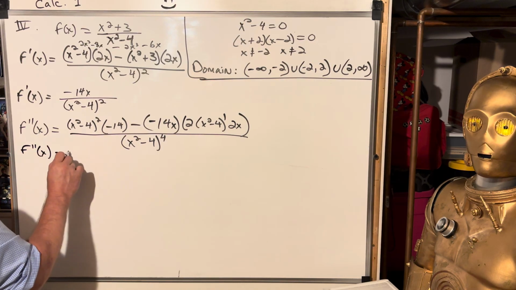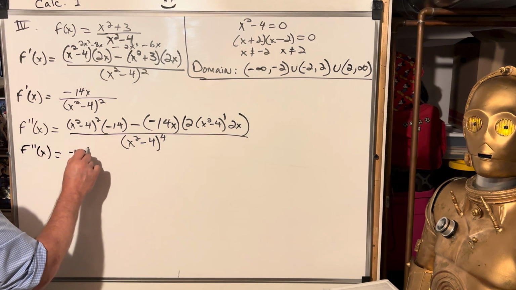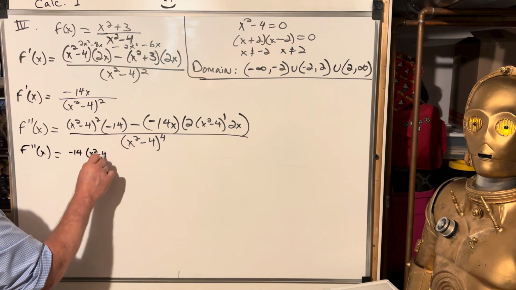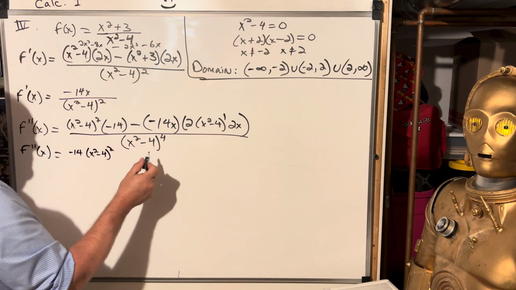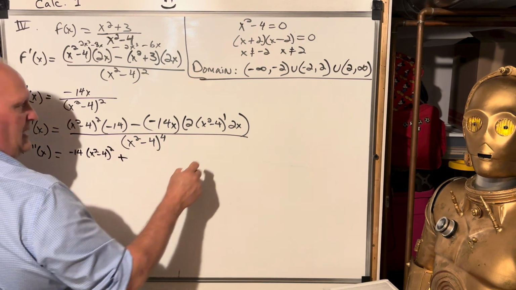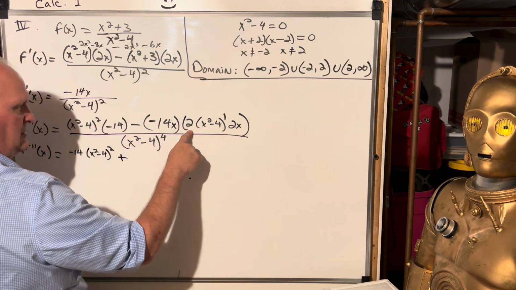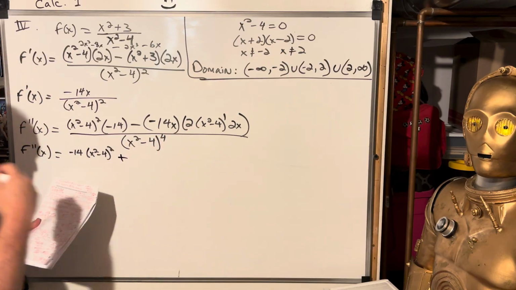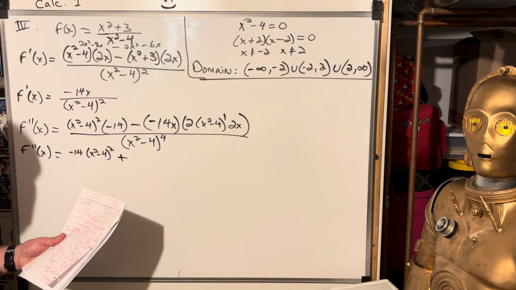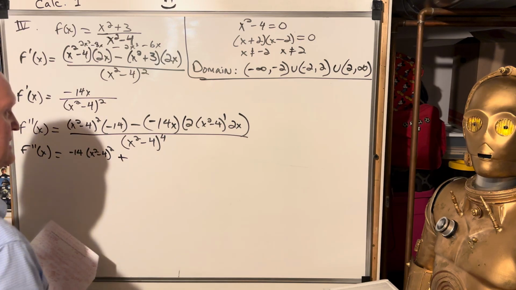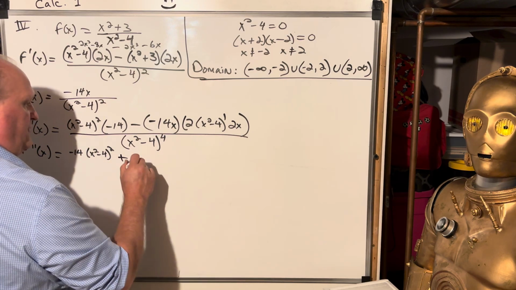We've got negative 14 times (x squared minus 4) squared. Two negatives in a row make a plus, and we got 2 times 2 is 4 times 14. 4 times 14 is what, 56? So 56.